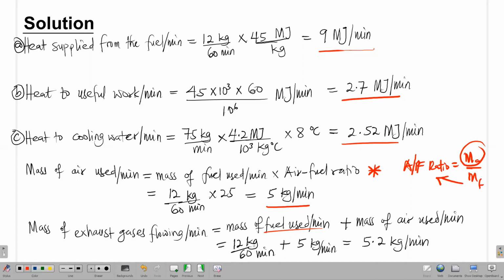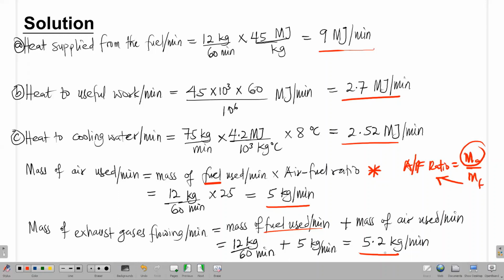So the 12 kilograms over 60 minutes was the mass of fuel used per minute. We use it once here. And then we add the 5 kilograms per minute to it. So now this gives us the total mass of exhaust gases flowing through per minute. And the result was 5.2 kilograms per minute.